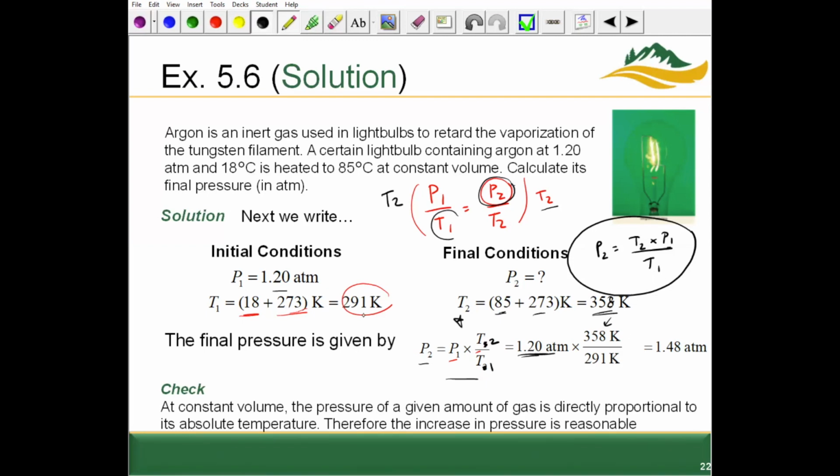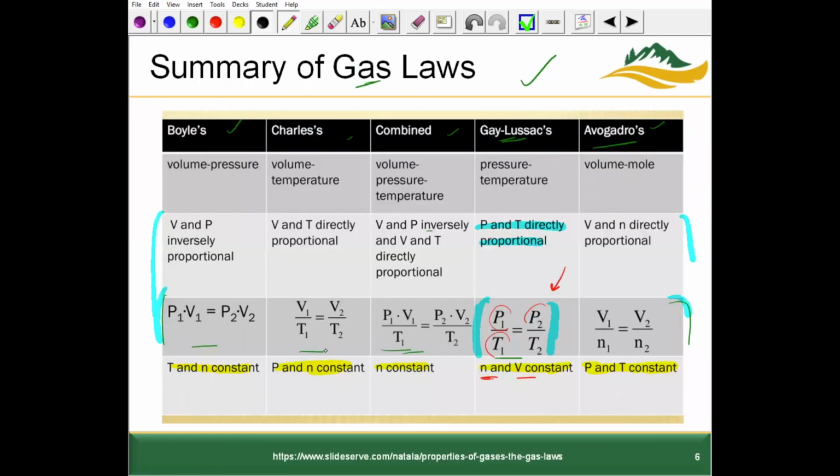Then T1 is 291 Kelvin, so 1.20 times 358 divided by 291 is 1.48 atmospheres. So Charles' law, Gay-Lussac's law, then this combined version here, connecting pressure, volume, and temperature. Again, it's going to be important to get really comfortable recognizing which equation to use. Do we use one of these, or do we use that ideal gas law? Then just be really careful with your units as well.